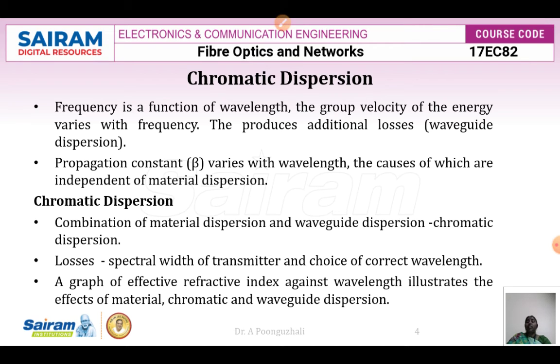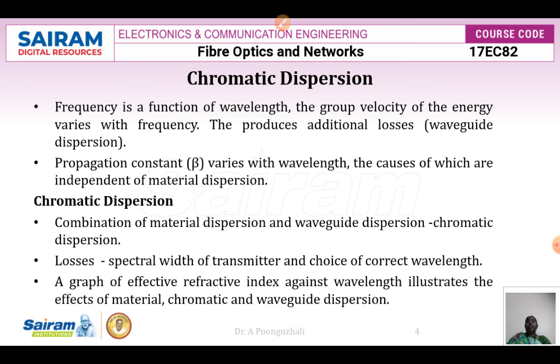We know that the propagation constant varies with wavelength, independent of material dispersion. So chromatic dispersion is the combination of material dispersion and waveguide dispersion. The loss of chromatic dispersion can be avoided by increasing the spectral width of the transmitter and by the choice of the correct wavelength.